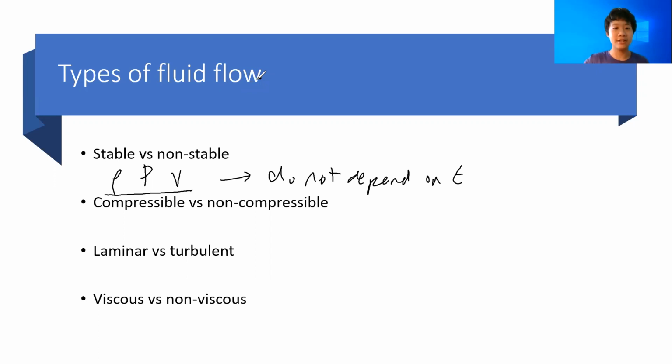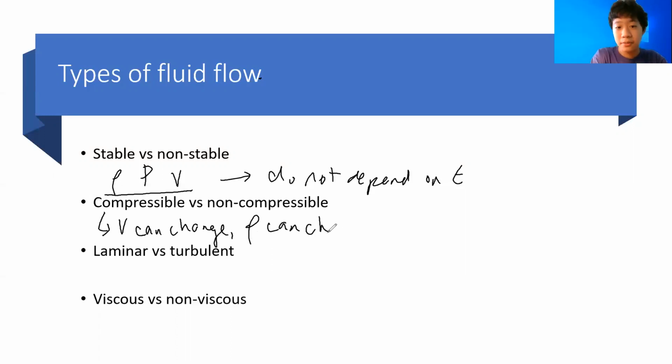Okay, so when a fluid is compressible, it means that its volume can change, which means that the density can change, because density is related to volume. On the other hand, non-compressible means that these values can't change. We can't compress it down, which means we cannot change its volume nor its density. So for a non-compressible fluid, the density is constant.